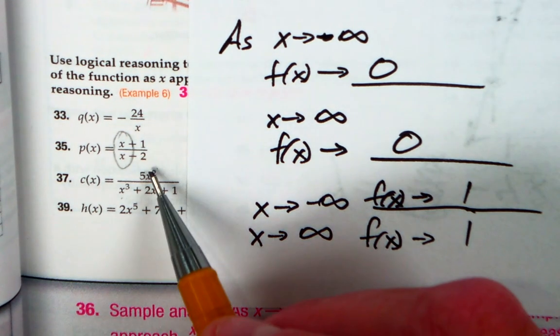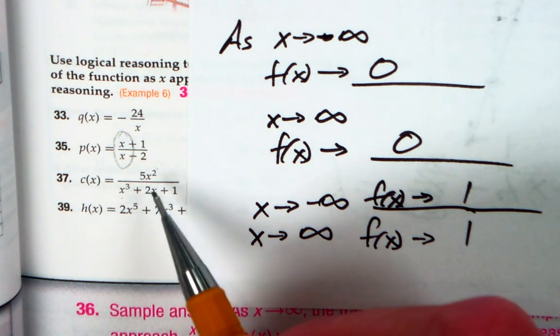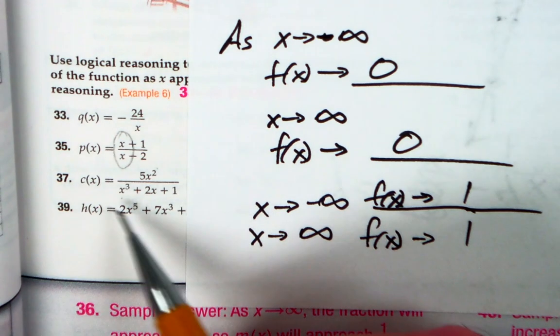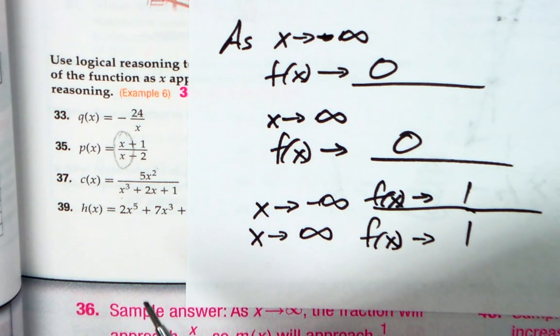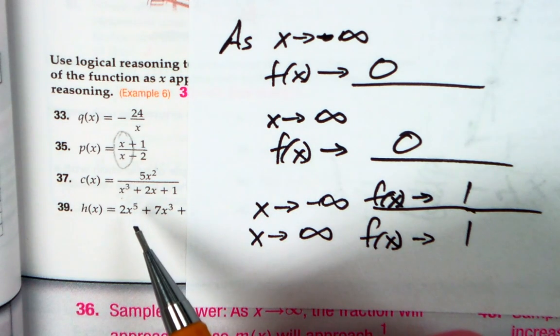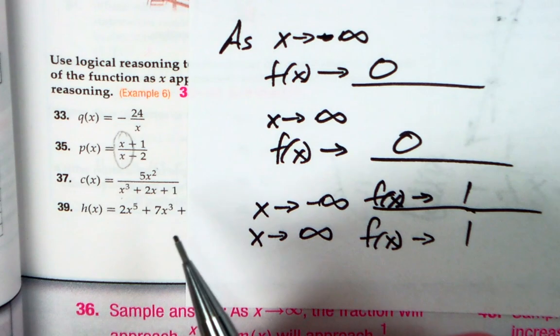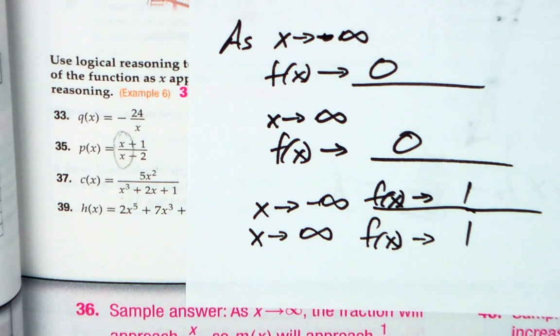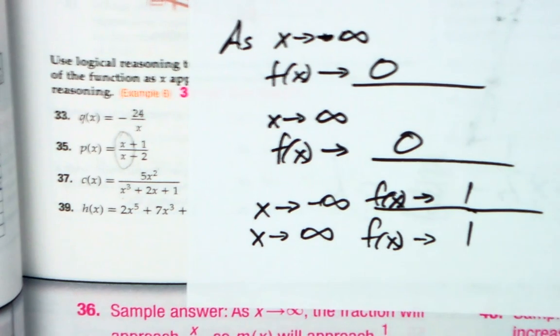So when the numbers get huge, this is getting closer and closer to 0, believe it or not. Why? Because the bottom is getting huge and the top's just getting big. Whenever you have a fraction where the bottom is getting really, really big and the top isn't keeping up with it, you're getting closer to 0.